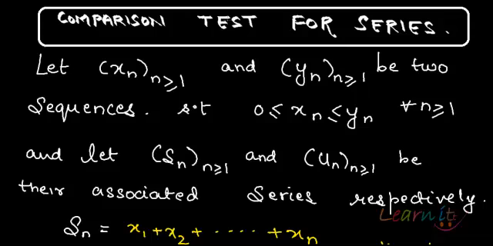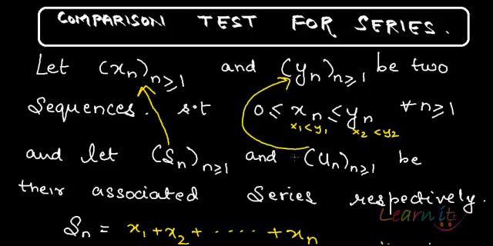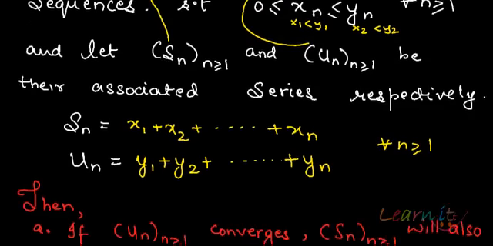So what I'm trying to say here is that x1 is less than y1, x2 is less than y2, and so on and so forth. Okay, so this relationship holds. Now, let Sn be the series associated to xn and Un be the series associated to yn, respectively.